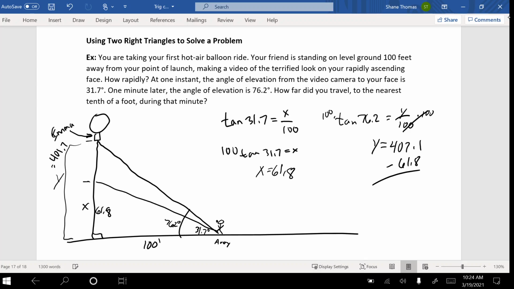What does that give us? 345.3. So in that 1 minute of terror, 345.3 feet. Questions? Anybody?